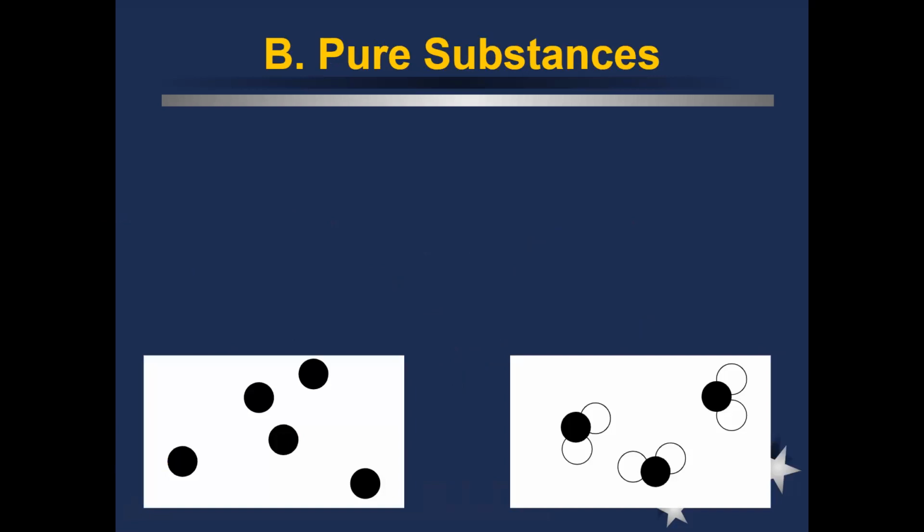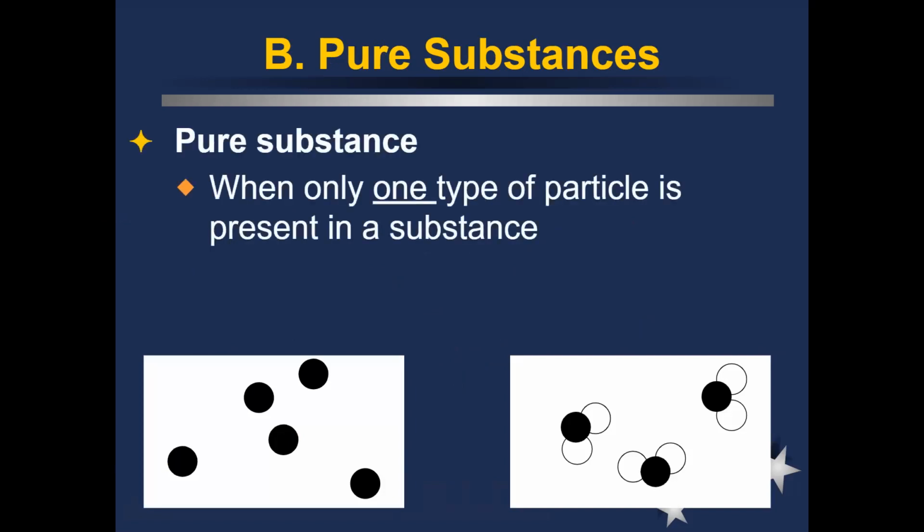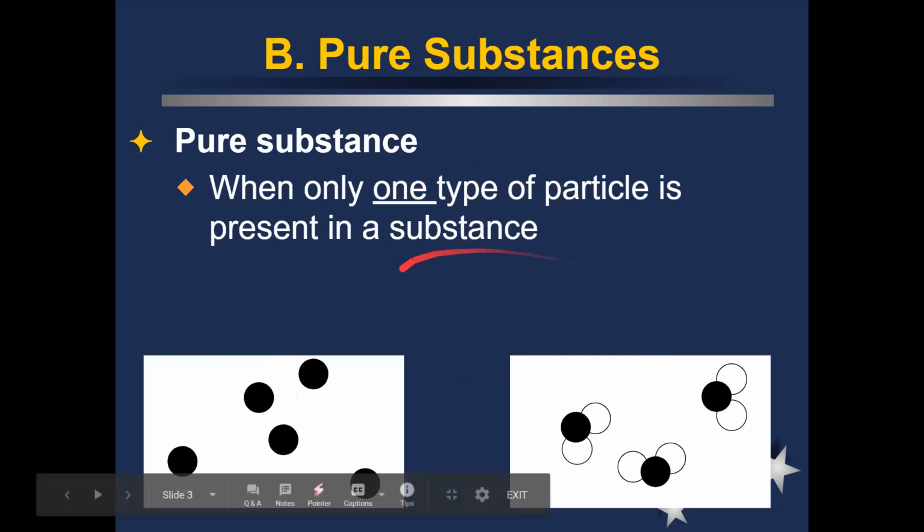So first up, we'll start with the right-hand side of that big flow chart we just went through, which are the pure substances. A pure substance is when only one single type of particle is present in a substance. So in both of these pictures, we have a pure substance because each one only has one type of particle.